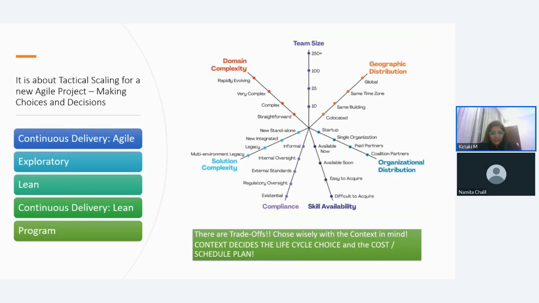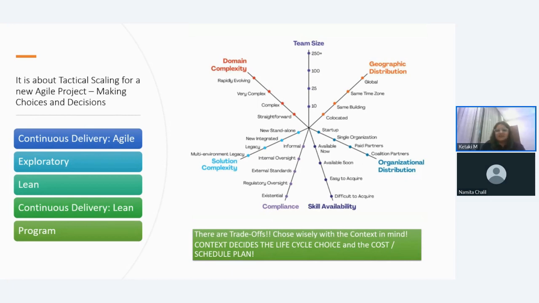Does your organization have a coalition partner? Is it just a single organization, or is it just a startup? Is your organization co-located, or is it really a global organization?